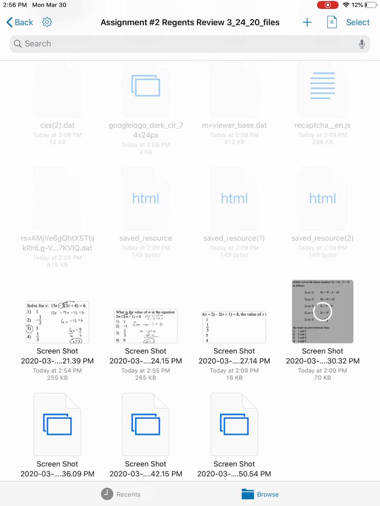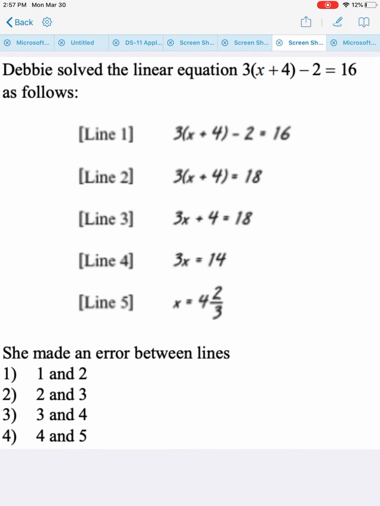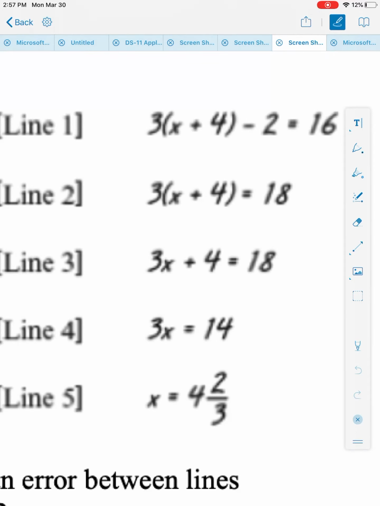And here's the fourth question. This one required you to be able to read a little bit. It says Debbie solved the linear equation, and she did it as follows. It asks which lines she made an error between. The first line looks as though she did everything correctly, in the sense that she just added 2 to both sides to get me my 18.